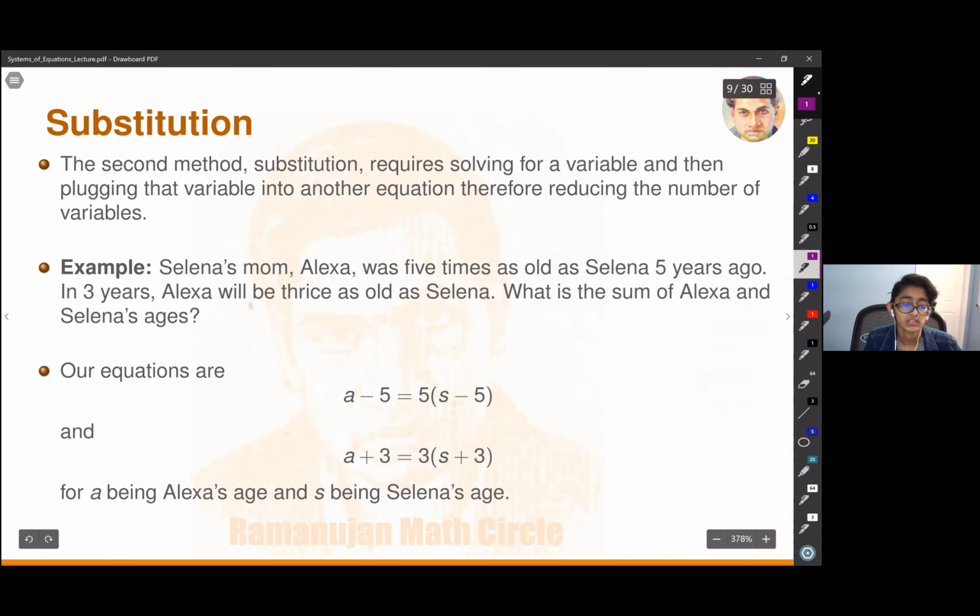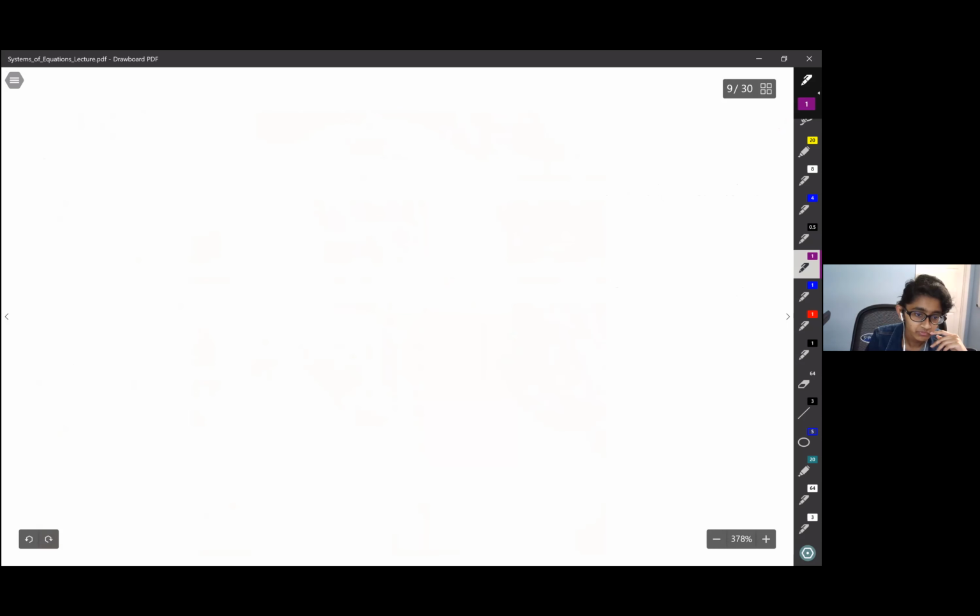All right, so looking at that, our equations are matching with the answer. Now let's look into the next step, which is using substitution to solve this question.